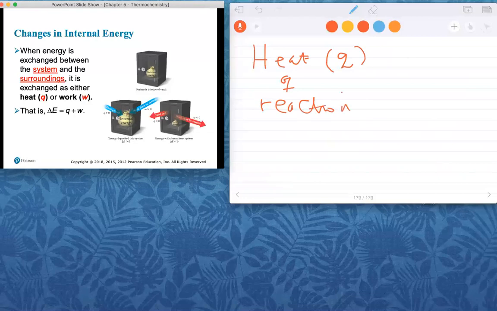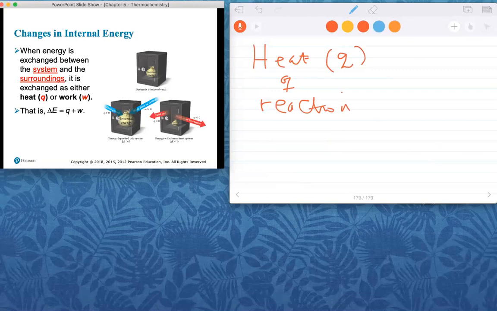We use Q. I don't know why they don't use H for heat, even though H is sometimes used, but universally Q is used to note down the heat released or heat gained.